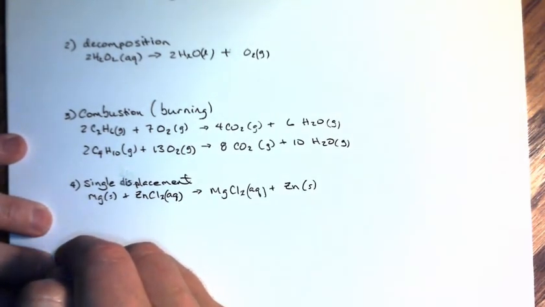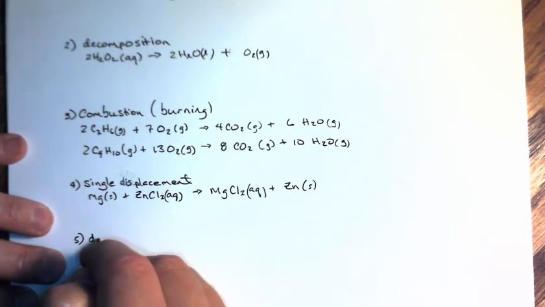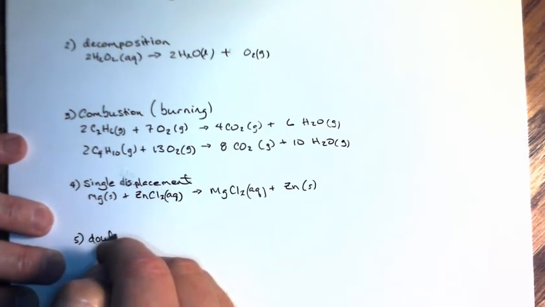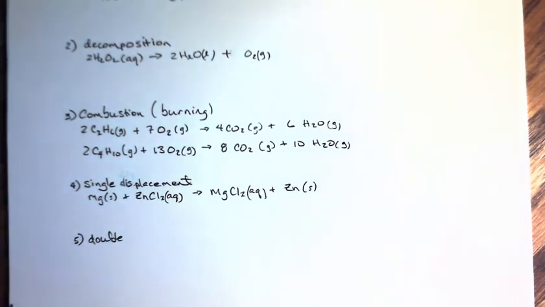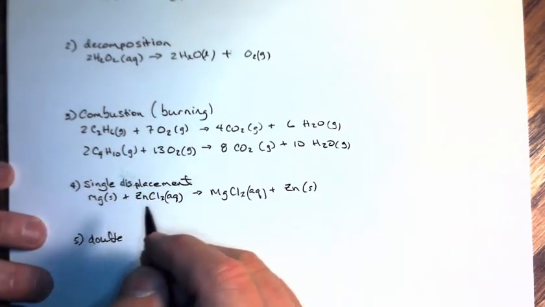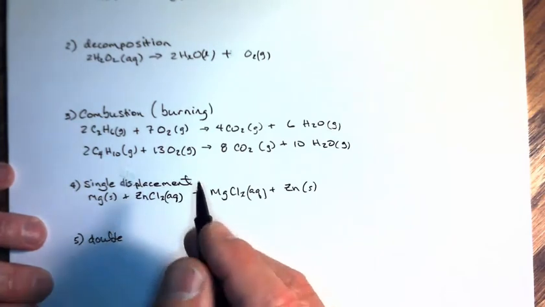All right, let's see. Number 5, double replacement. And by the way, I used single replacement earlier. That's often used. You look on the internet or in textbooks, and a lot of times it's called single replacement. I prefer displacement only because that's what it does. It kicks something out, and it's more descriptive of what's actually taking place.